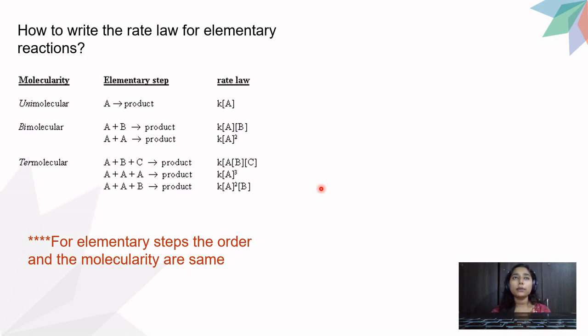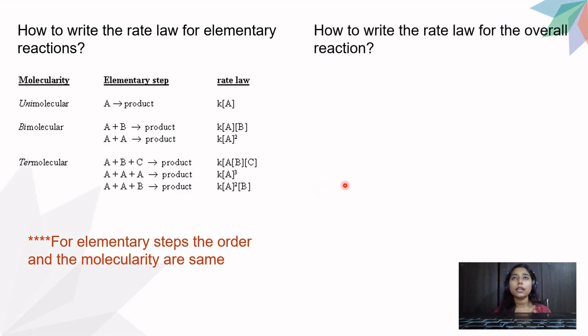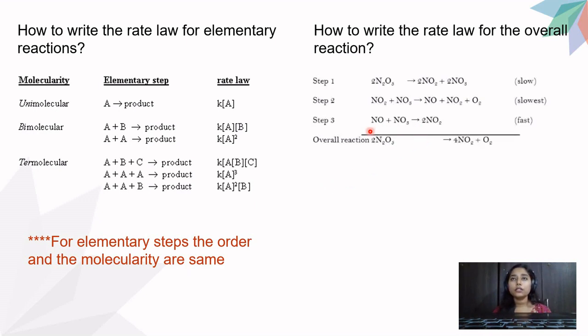Okay, if I write the rate law for elementary reactions, so how do I write the rate law for overall reaction which has taken place through the elementary steps or reactions? So consider this example. Here, this is your overall reaction, okay? And this reaction has taken place in three steps: step 1, step 2, and step 3.